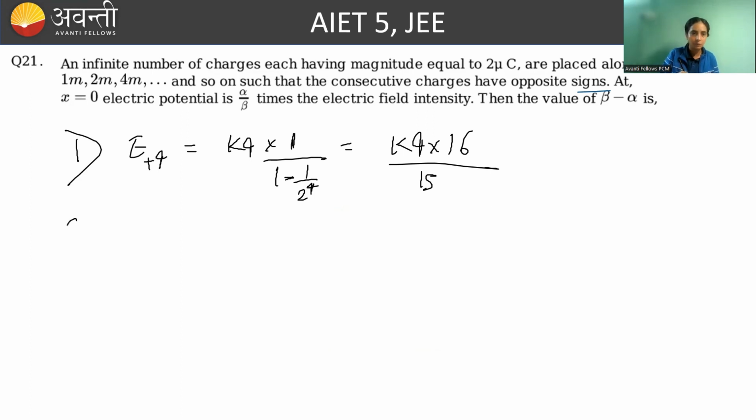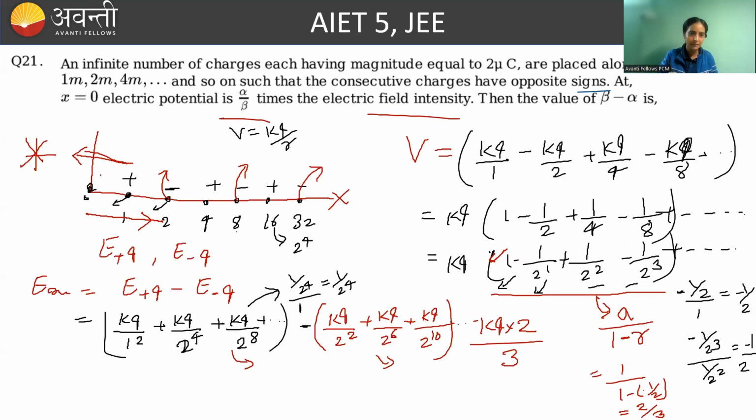This is E plus Q. Now E minus Q will be equal to how much? Let's see. So here also, if we are going to calculate r for this case, first term is KQ, if we take it common, first term will be 1 by 2 to the power 6, second term, and first term is 1 by 2 to the power 2. If we are going to divide it, we will get 1 by 2 to the power 4.